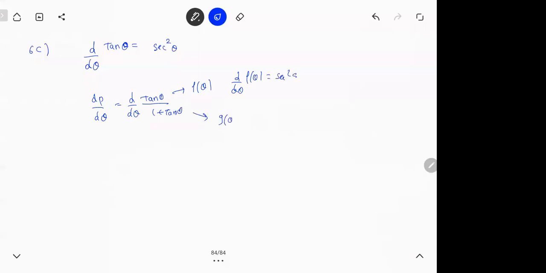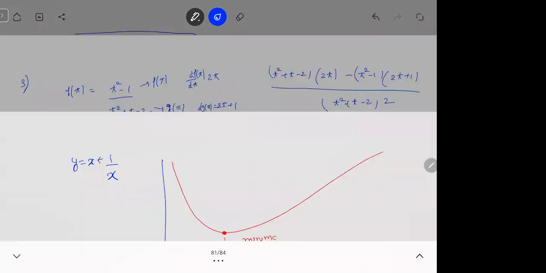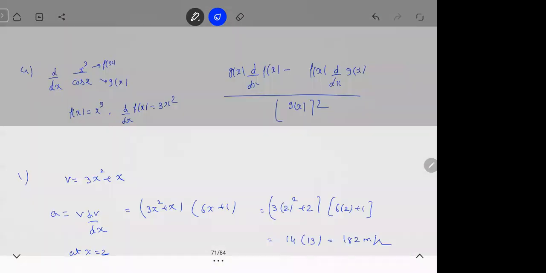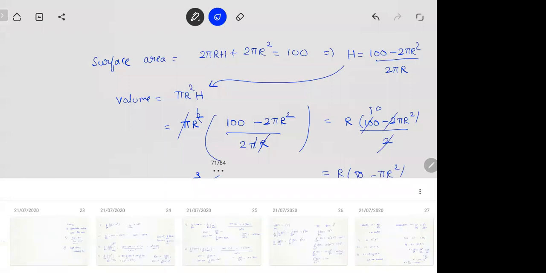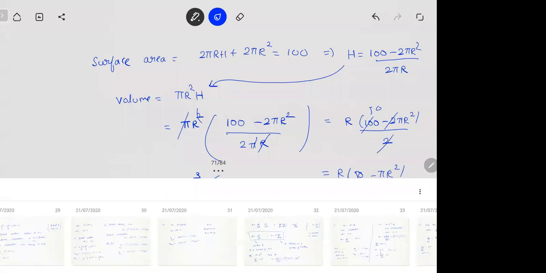This is g of theta. इसका differential कितना है? 1 is 0 and tan theta is again secant square theta. Now you can substitute in the formula na, f of x by g of x. So main thing you should know the differential of tan theta is secant square. If you remember, we have done this thing in the first class.